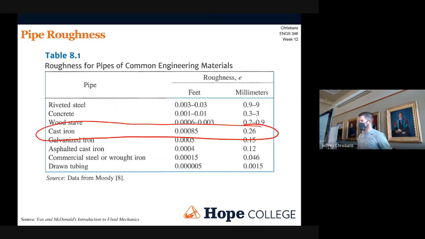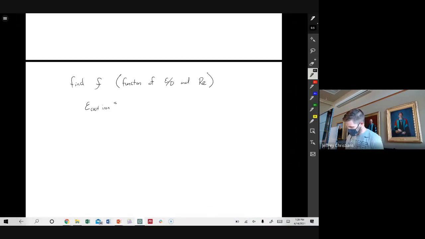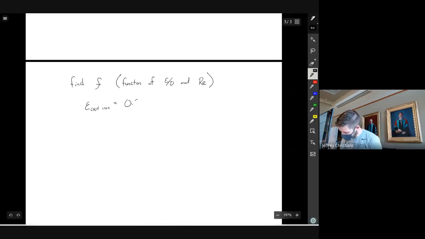So our roughness in feet is 0.00085 feet.